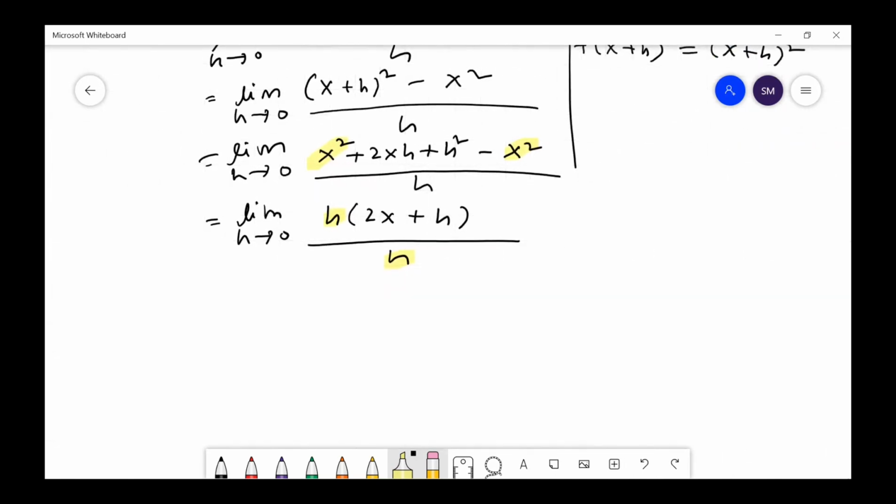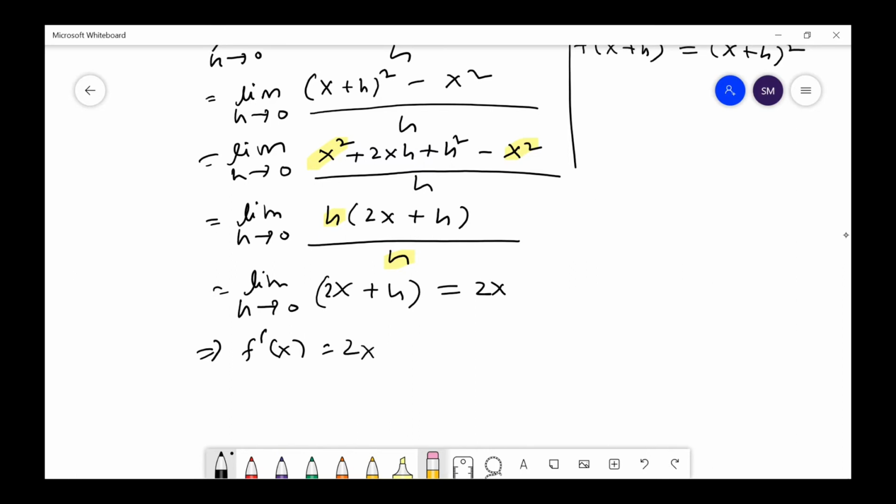H vanishes. So you will get limit h tends to 0 of 2x plus h, which is equal to 2x. So this implies f dash x is equal to 2x, or we can write d dx of x square is equal to 2x.